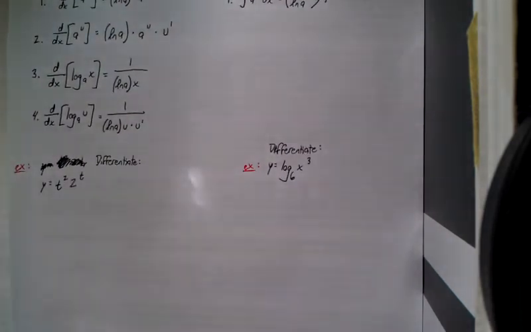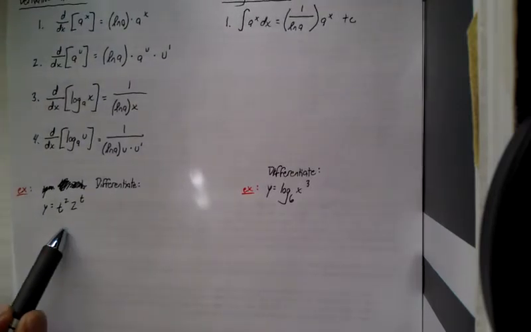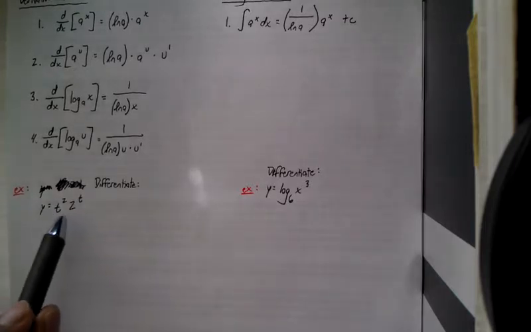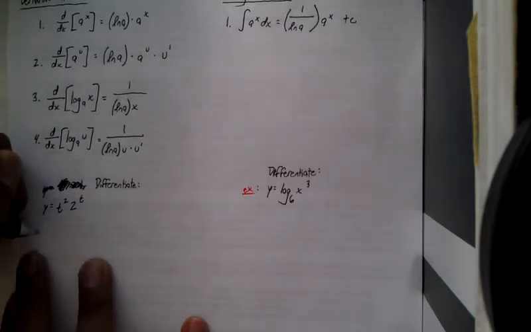So here I have just a couple examples. This first one, we're going to differentiate, and here we've got two factors, so we're going to have to use the product rule.